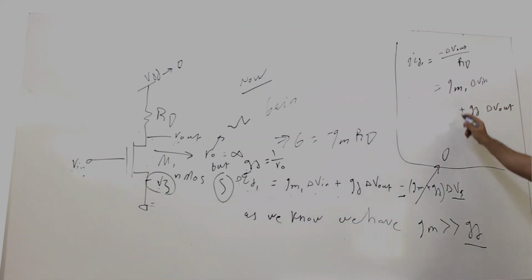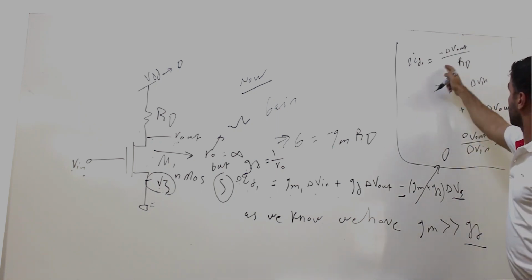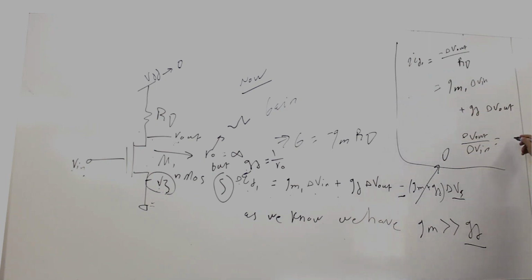Now we have delta V out over delta Vn. If you rearrange these equations, it comes out almost as GM1 over RD plus GD.